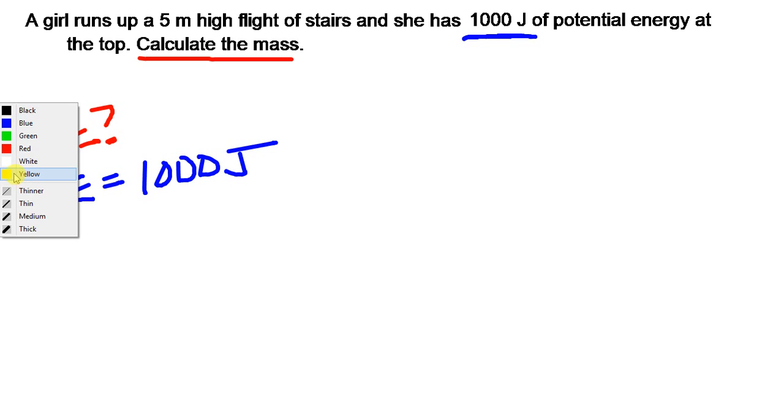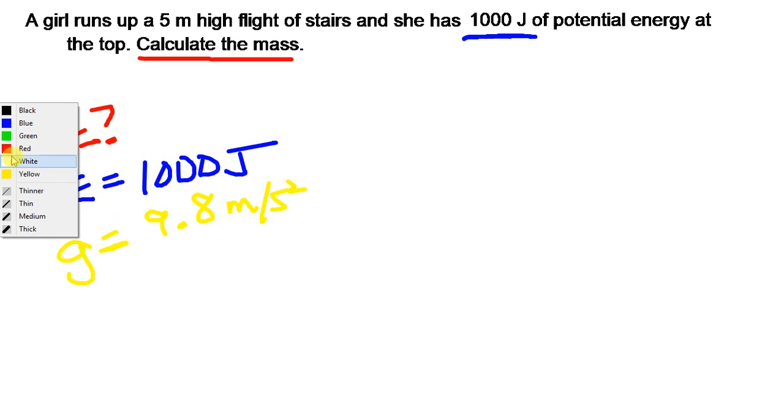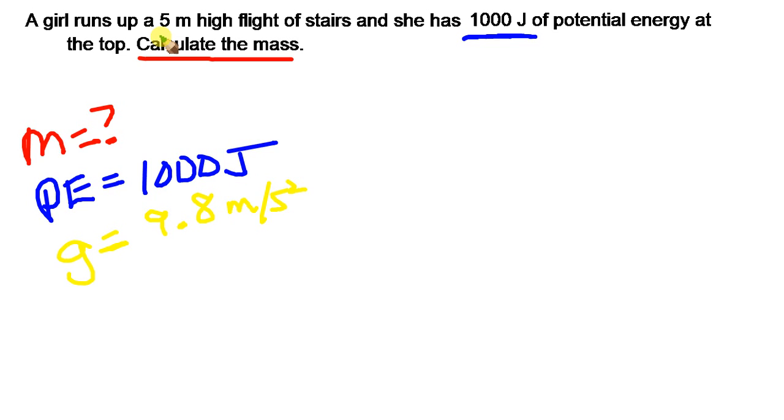G is always going to be the same at 9.8 meters per second squared. And my last one is height. Height has a unit of m, so I know that my height is 5 meters.